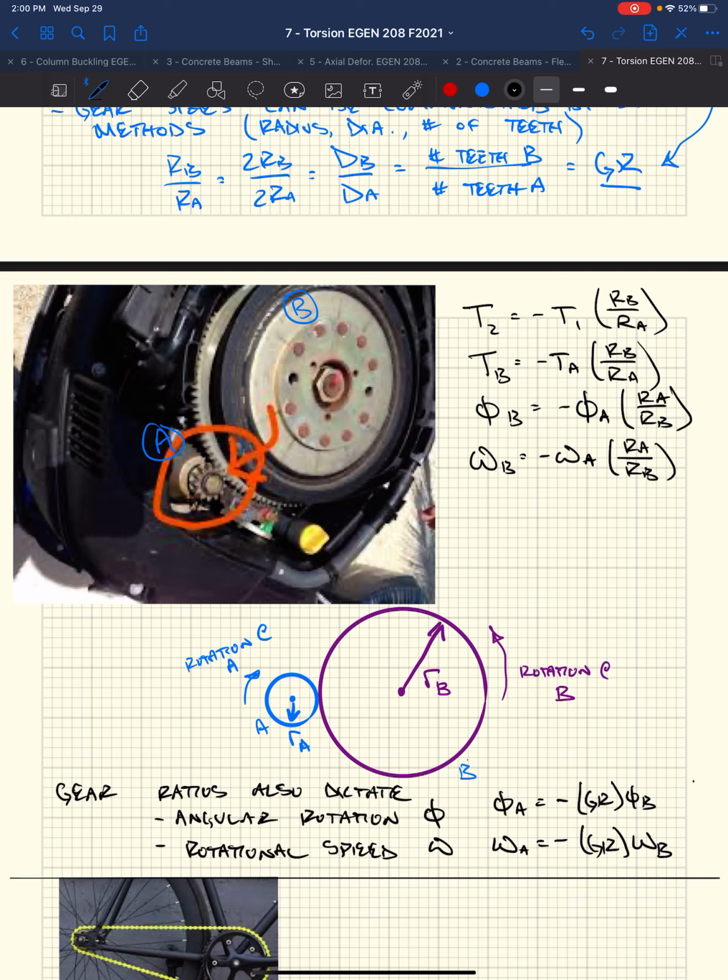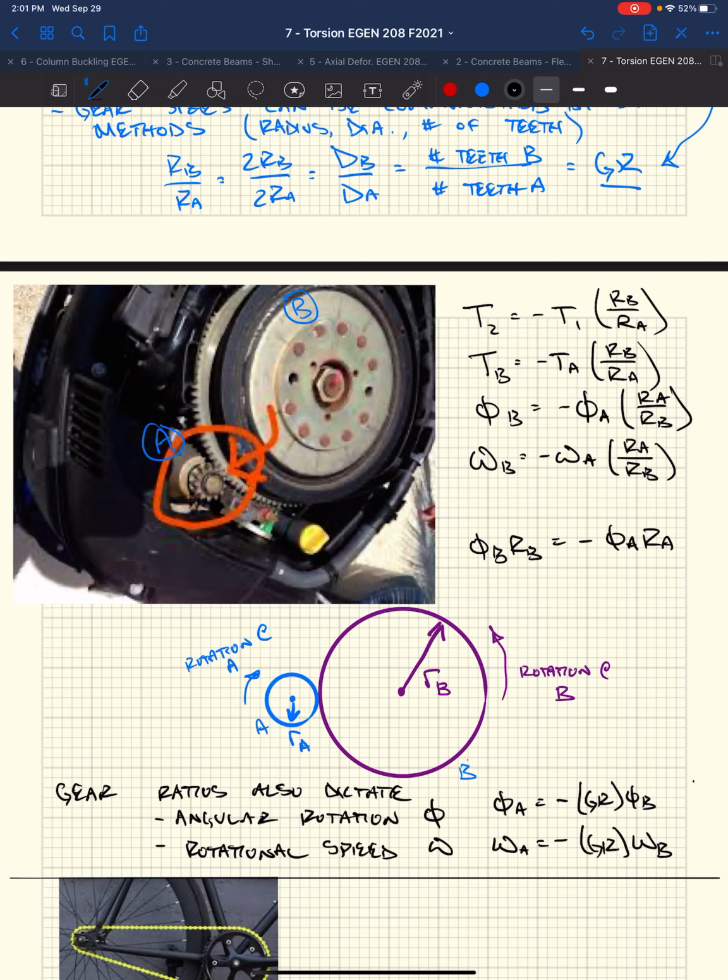And the distance that those two rotate is proportional to phi sub B R sub B equals negative phi sub A R sub A. And so when you divide by R sub B, you get this expression here. Because for very small angles, the arc length is the radius times the angle.